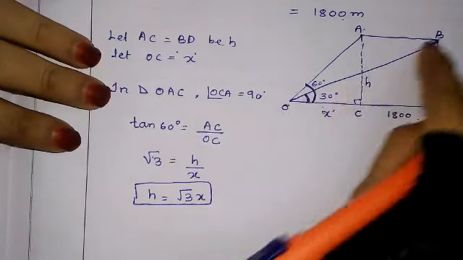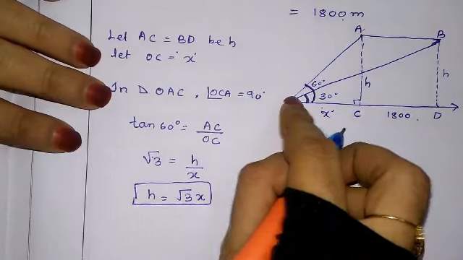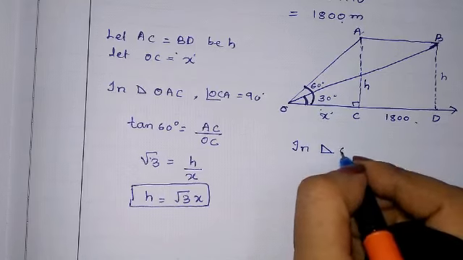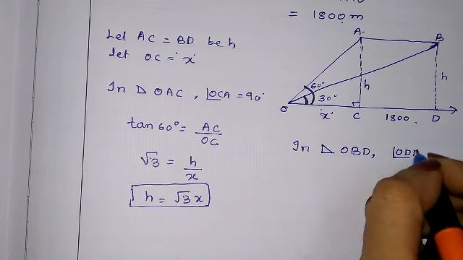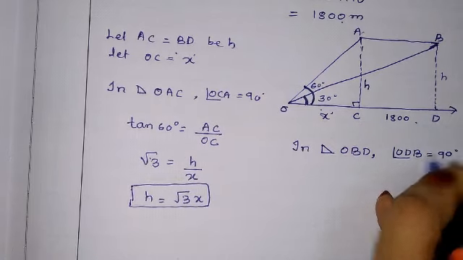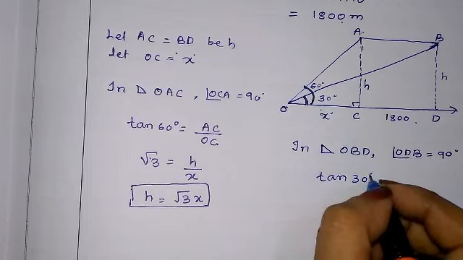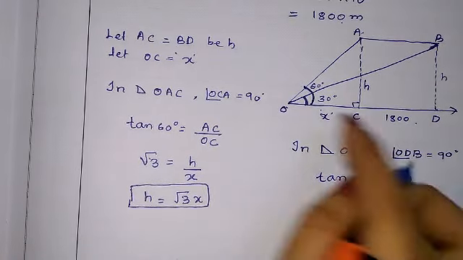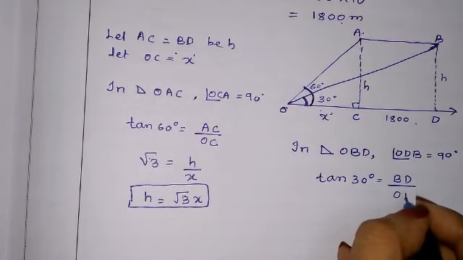Now let us take the big triangle. In triangle OBD, because we have to focus only on the right angle triangle, ODB is equal to 90 degrees. Tan 30 degrees is equal to BD upon OD, full O to D. Okay.